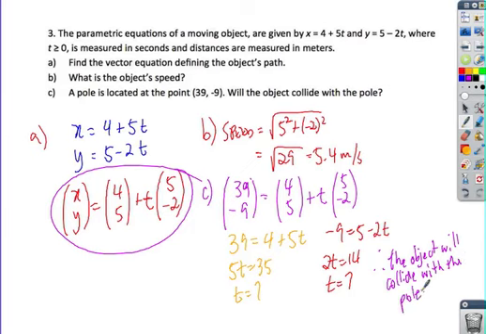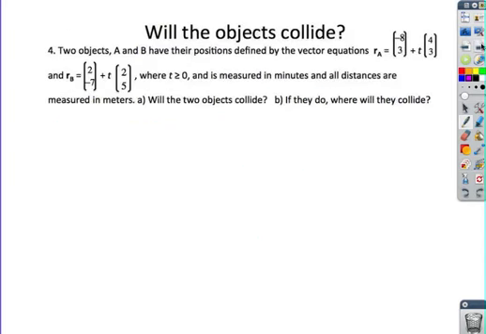And it's because both components have the same parameter value. Oh boy, we're already at 16 minutes. Okay, let me try and hurry here.